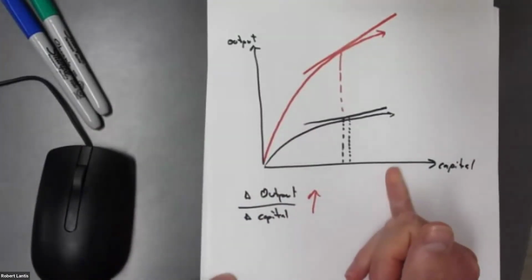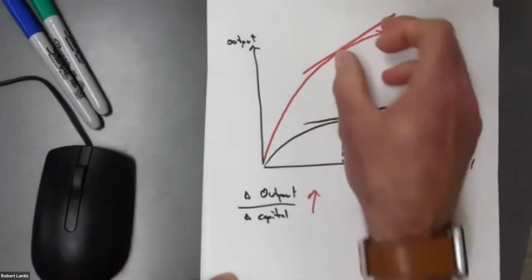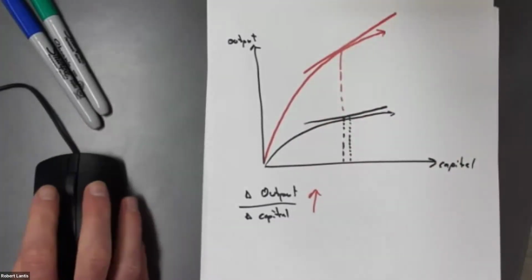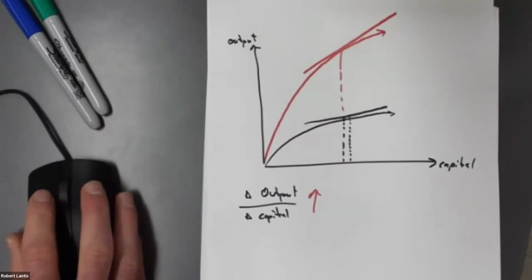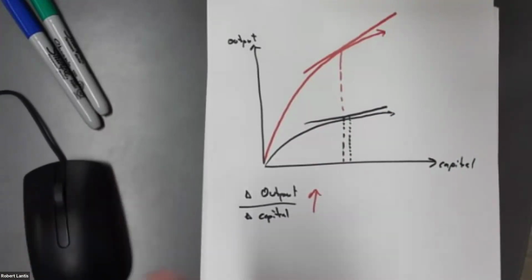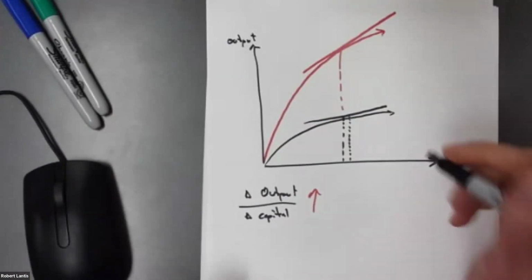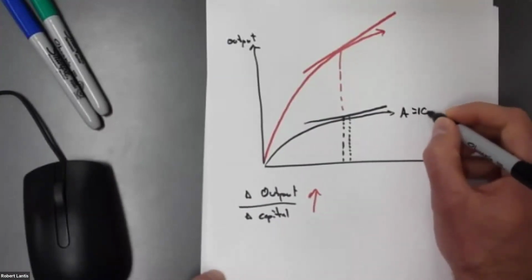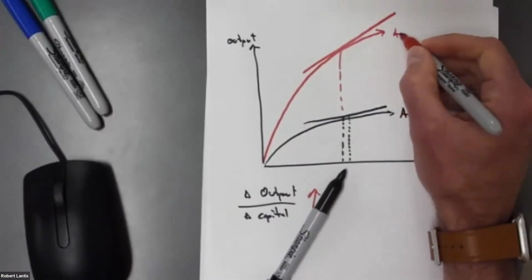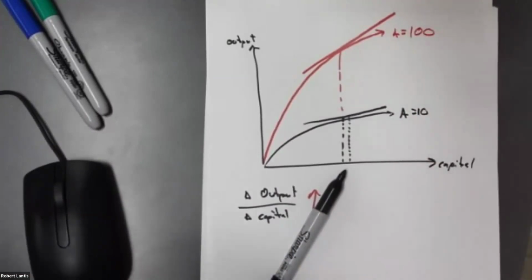And if I do decide to invest more into capital, that change in output is even larger than it was before. So the rate at which our output is changing when we have total factor productivity go up is also going to increase. Maybe A was 10, and here A is, I don't know, something like 100. It caused this dramatic increase in my production function.